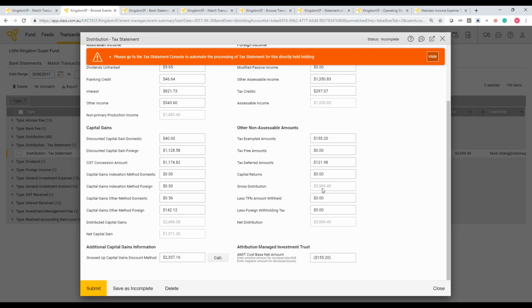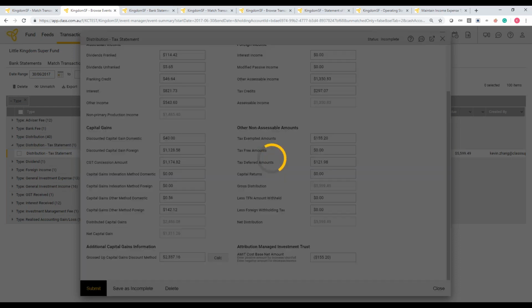So if you add cash 2247.25 plus the receivable amount of 3352.24, you get 5599.49. So that's exactly this amount. Once you're happy, you submit that.